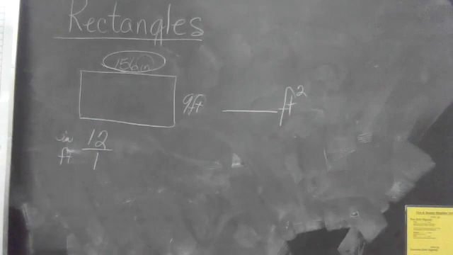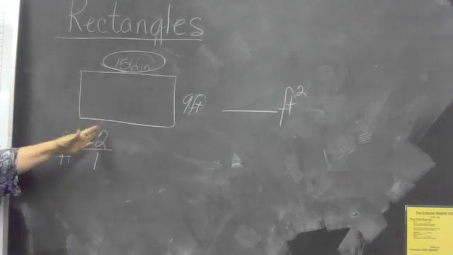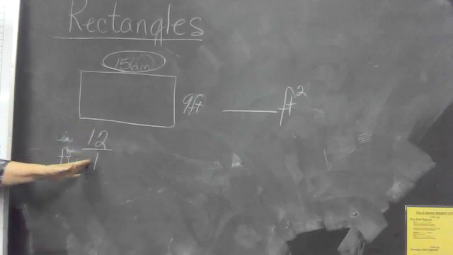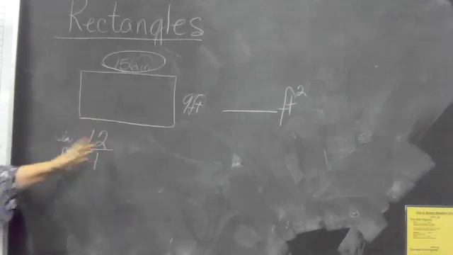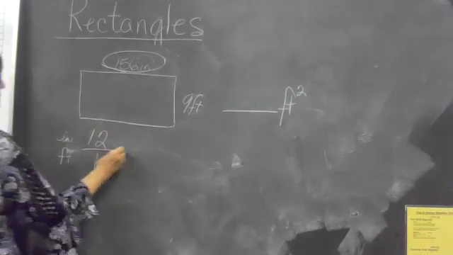We're going to start what we call a proportion, and I think we've done some of that in here already. What you're going to start the proportion with is something that you know. 12 inches and 1 foot go together. Inches, feet.